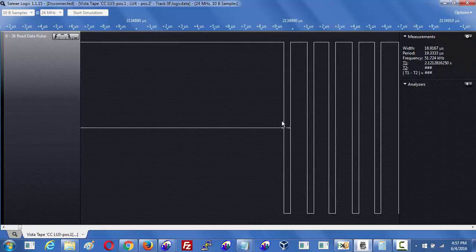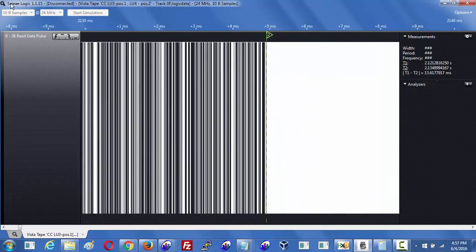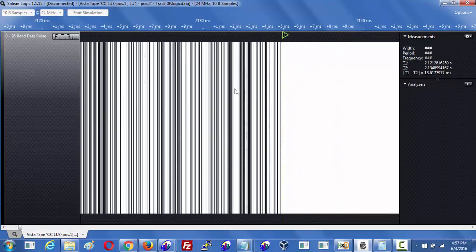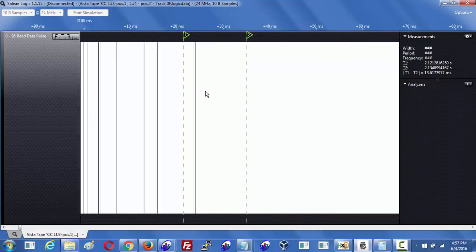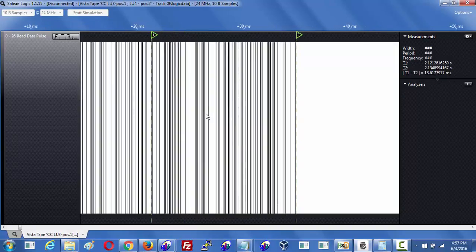By the way, I'm just hitting the 2 on the keyboard, and then moving the mouse until it snaps to one of the pulses, and then I click it and it locks it in position. That's how I use this logic analyzer user interface, Saleae Logic 1.1.15. Okay, so we're dealing with a timing gap here between 1 and 2 of 13.16.61 milliseconds, or 0.136177.